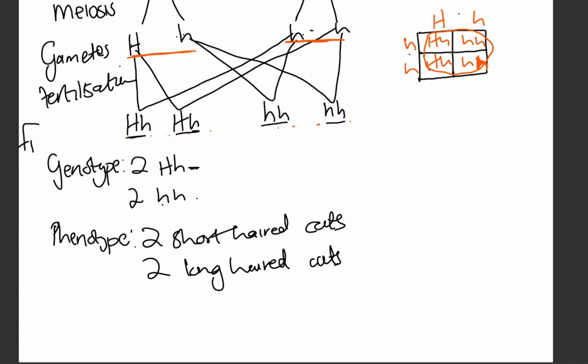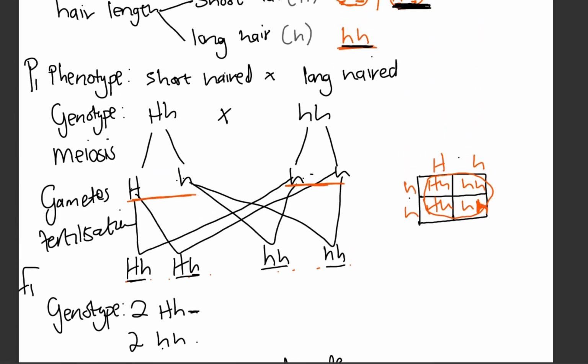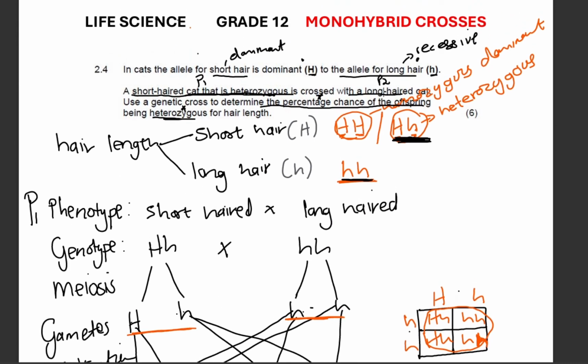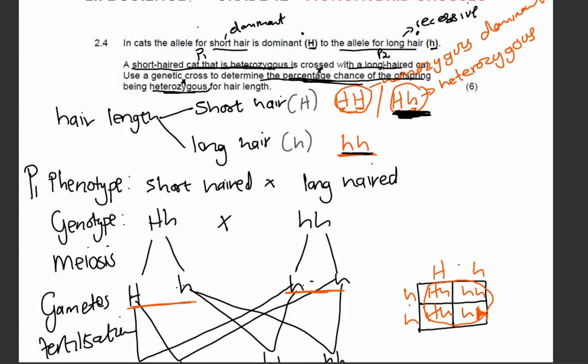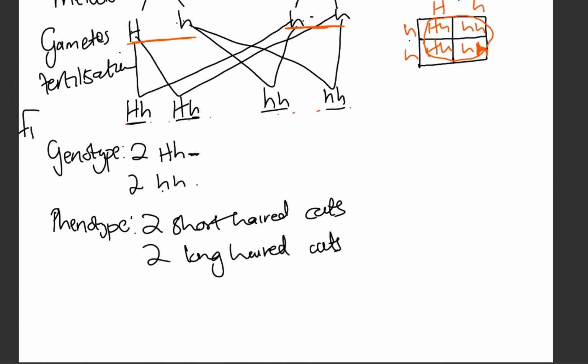As much as we are done with the cross, guys, we actually have not answered the question, because they're saying we must use a genetic cross to determine the percentage chance of the offspring being heterozygous. What are the chances in terms of percentage of the offspring being heterozygous short? Let's look. How many offspring do we have at the end? We have 4 offspring.